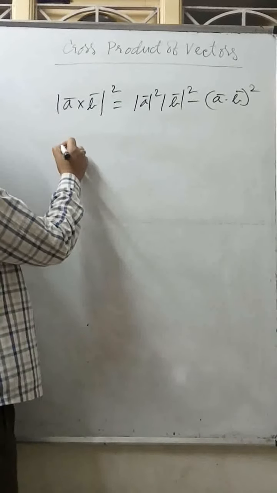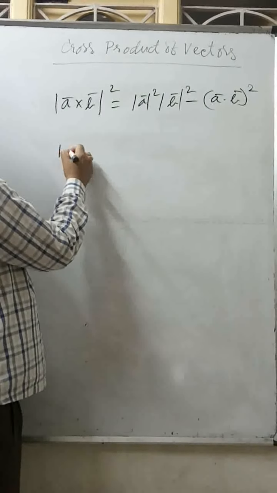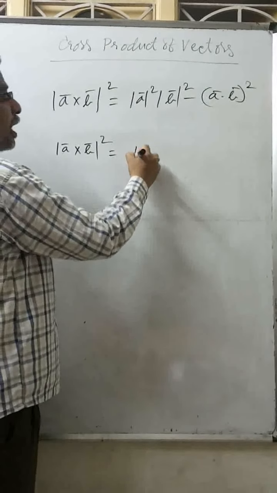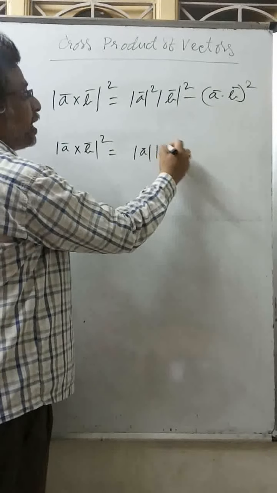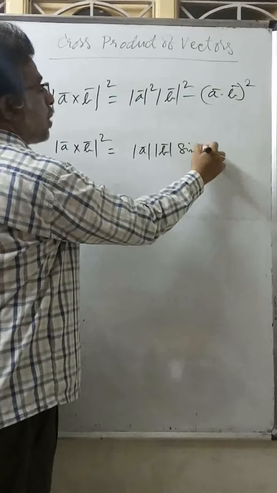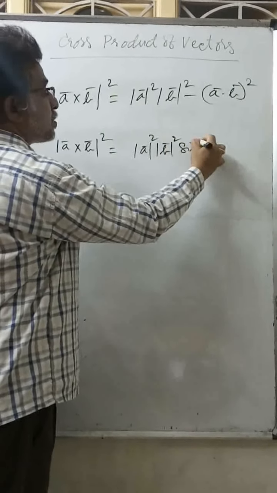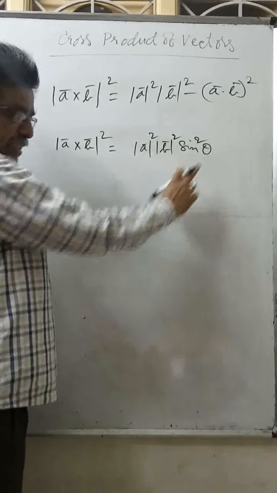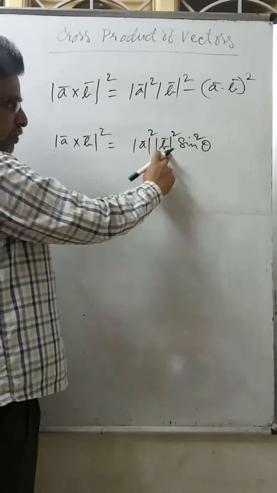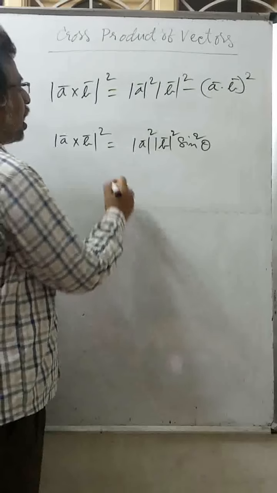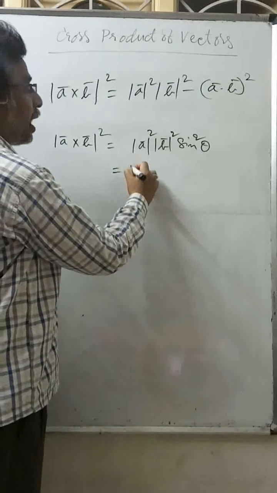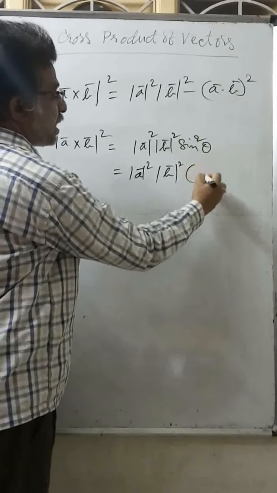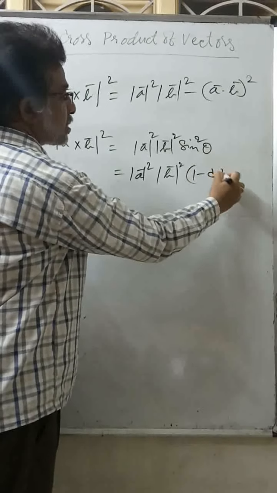We will prove this. a cross b whole square equal to, we can write, mod a mod b sin theta whole square. We know that mod a cross b is mod a mod b sin theta. Square means mod a square mod b square sin square theta. Now I can write sin square theta as 1 minus cos square theta.